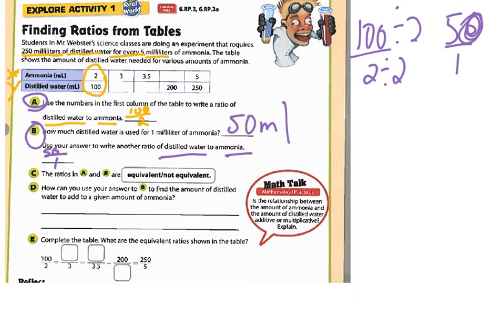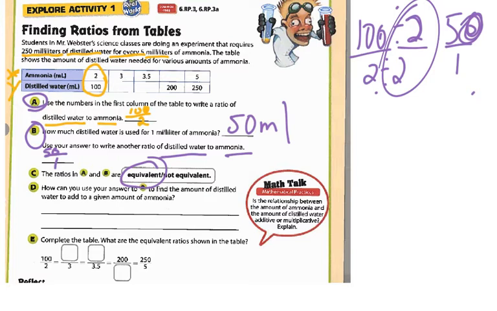Are they equivalent or not equivalent? Well, I just gave it away, right? They are equivalent ratios. 100 over 2 is equal to 50 over 1. So when we've been through this, when you divide by 2 over 2, that's the same as dividing by 1. So these ratios are equivalent to each other.